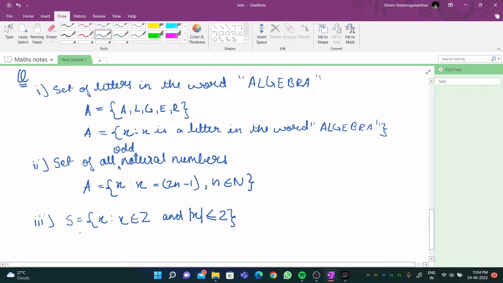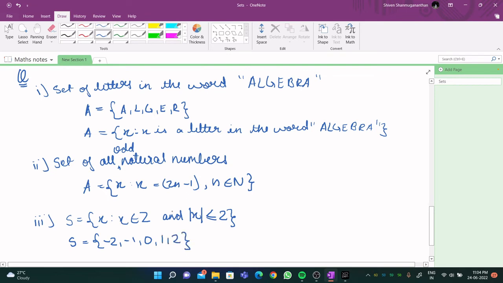Fine. So if we write this in the roster form, things we have to keep in mind. Now x is an integer, which means you can go in negative as well. And now we need modulus x to be less than or equal to 2. So we can take minus 2, minus 1, 0, 1 and 2.